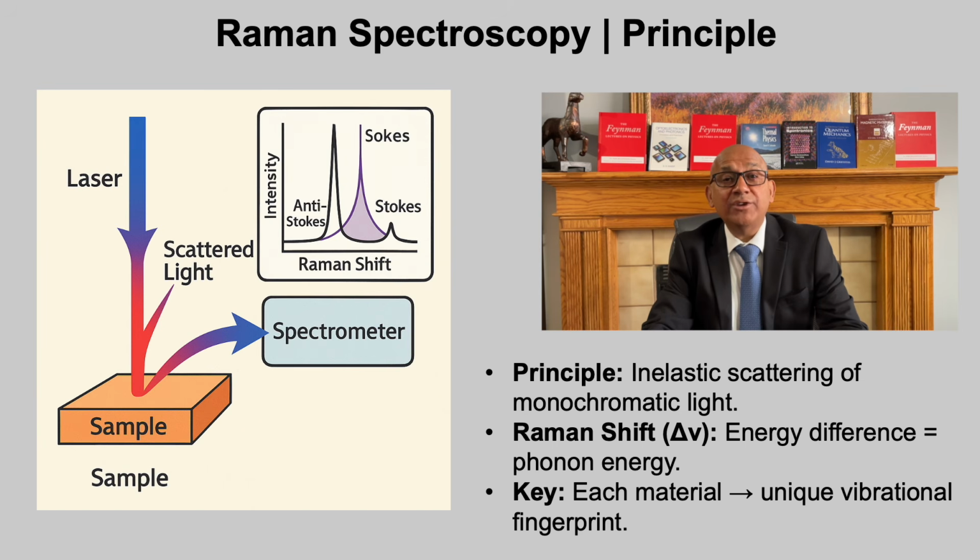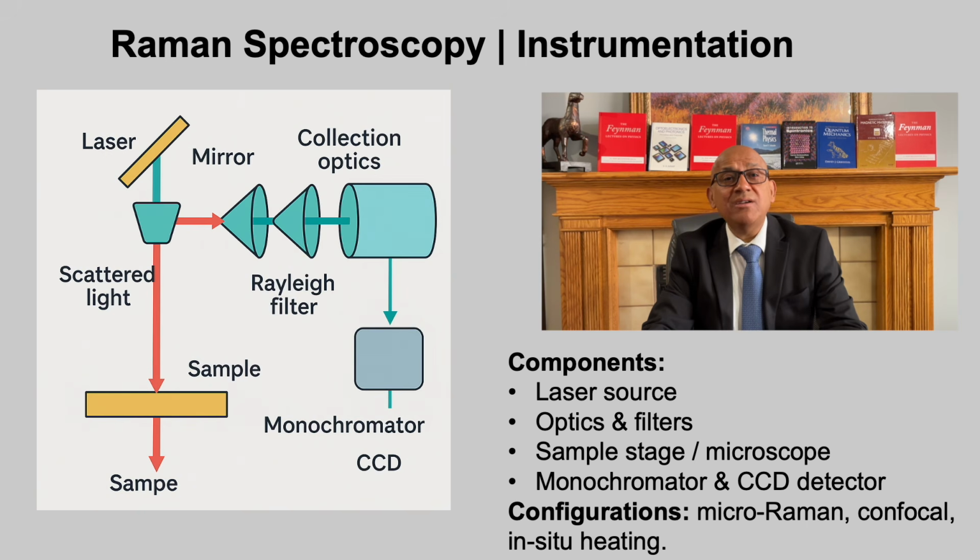Because bond strength, mass, and symmetry determine phonon energies, the Raman pattern serves as a fingerprint for chemical composition and crystalline order. The modern Raman system combines optics and precision detection. The laser beam is focused, often through a microscope objective, onto a micrometer scale spot.